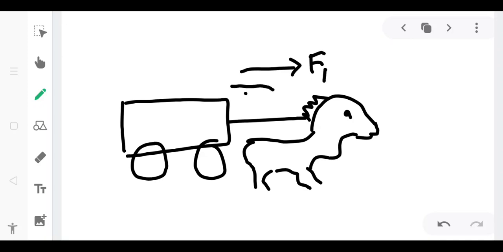And this is the backward force applied by the cart on the horse, F2, right? This is correct.